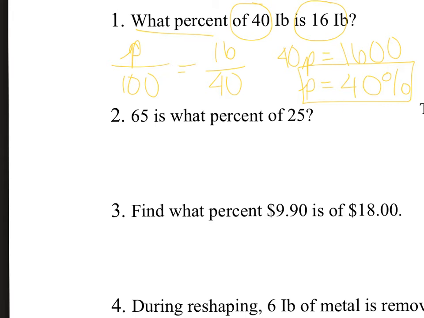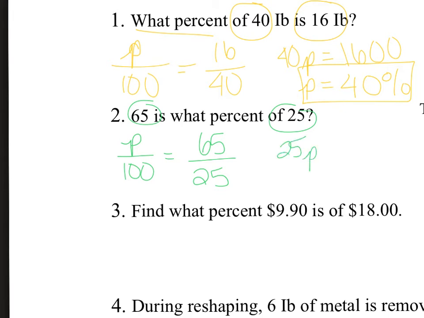65 is what percent of 25? So again, we're looking for our percentage. 65 is, that's our top, or our numerator, of 25 is our denominator. We're going to cross multiply to solve, so I have 25p is equal to 100 times 65 gives you 6,500.